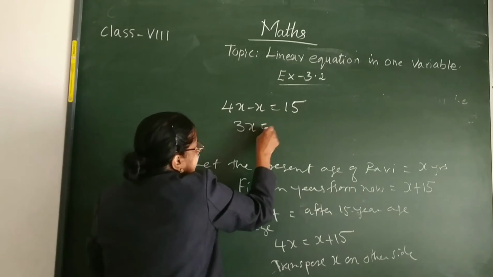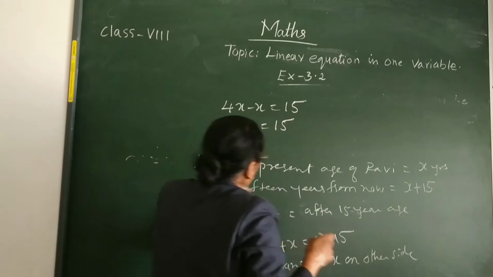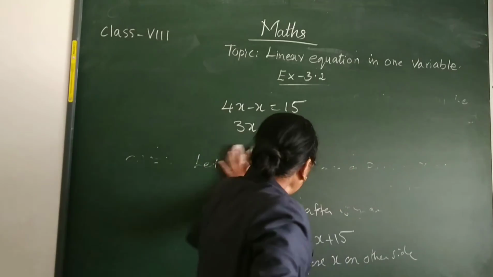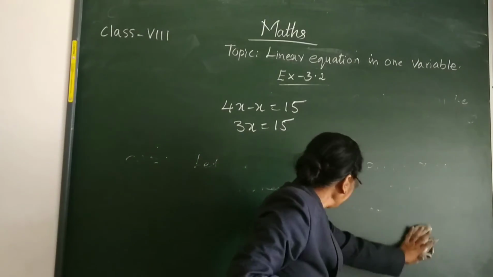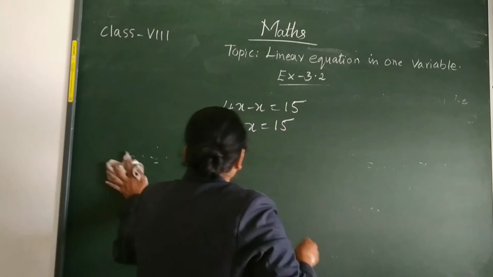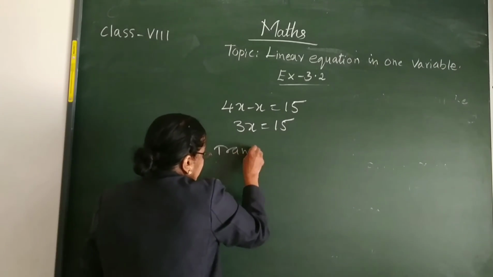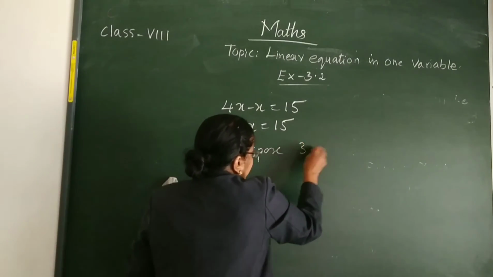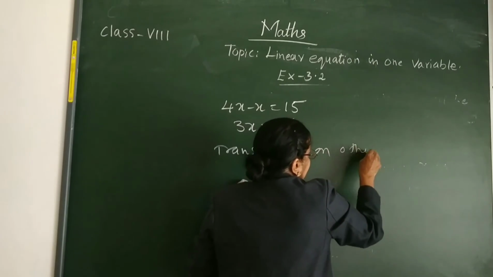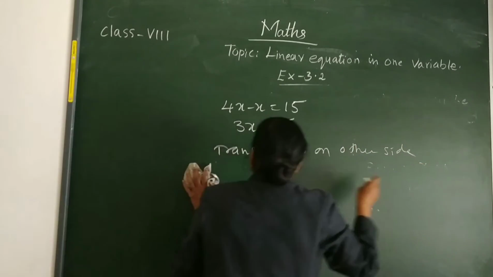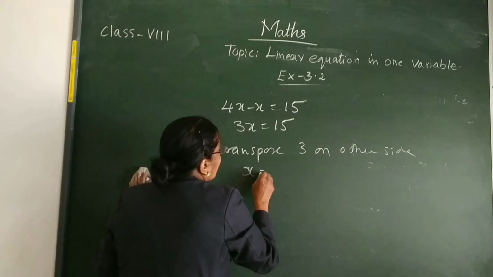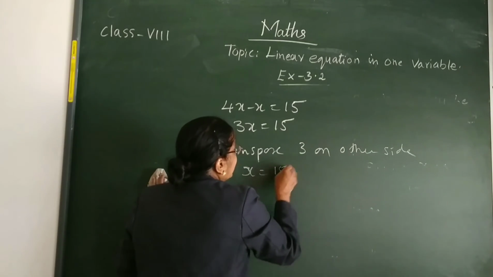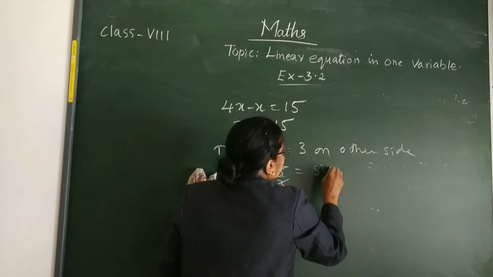So 3x is equal to 15. Again you are going to transpose 3 to the other side. So what will you get? X is equal to 15 by 3. 3 5s are 15. That is equal to 5 years.